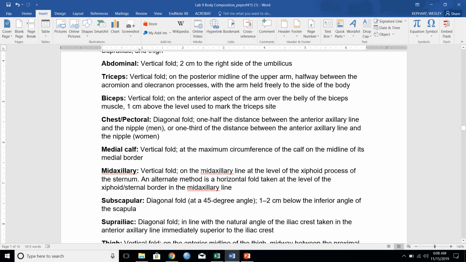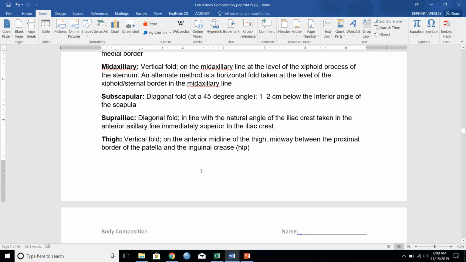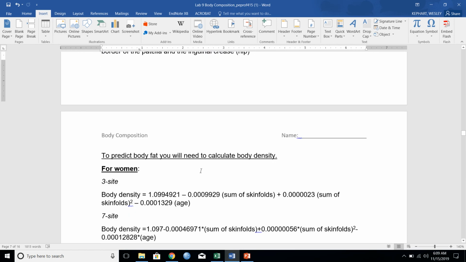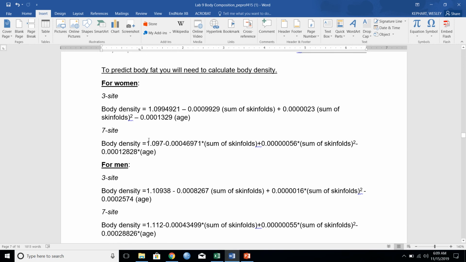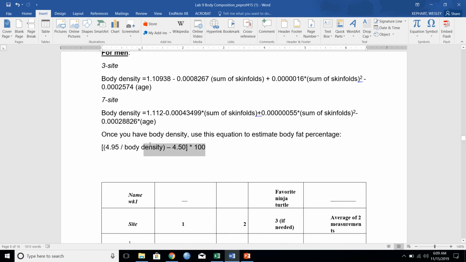In class, I'll help you with that, because most people really don't give it as fair of a shake as they should. Here are the body density calculations, where we're actually predicting body density from the skin folds. After that, we put them in the Siri equation in order to predict body fat percentage.